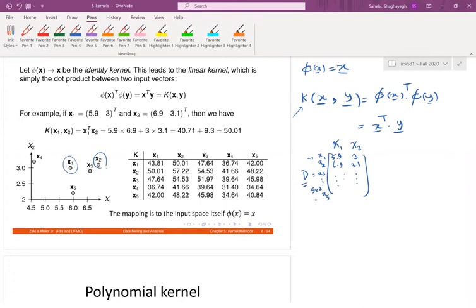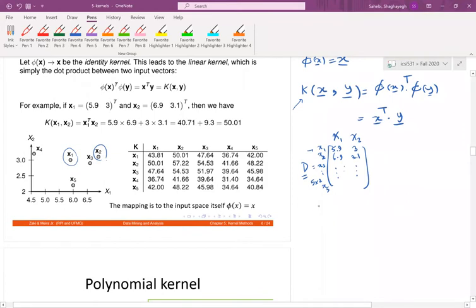Now, if we apply the linear kernel on that, what I can do is calculate the kernel between x1 and x1 itself. I can calculate the kernel between x1 and x2, the kernel between x1 and x3, etc. I can do that for x2 also, between x2 and x1, between x2 and itself, right?